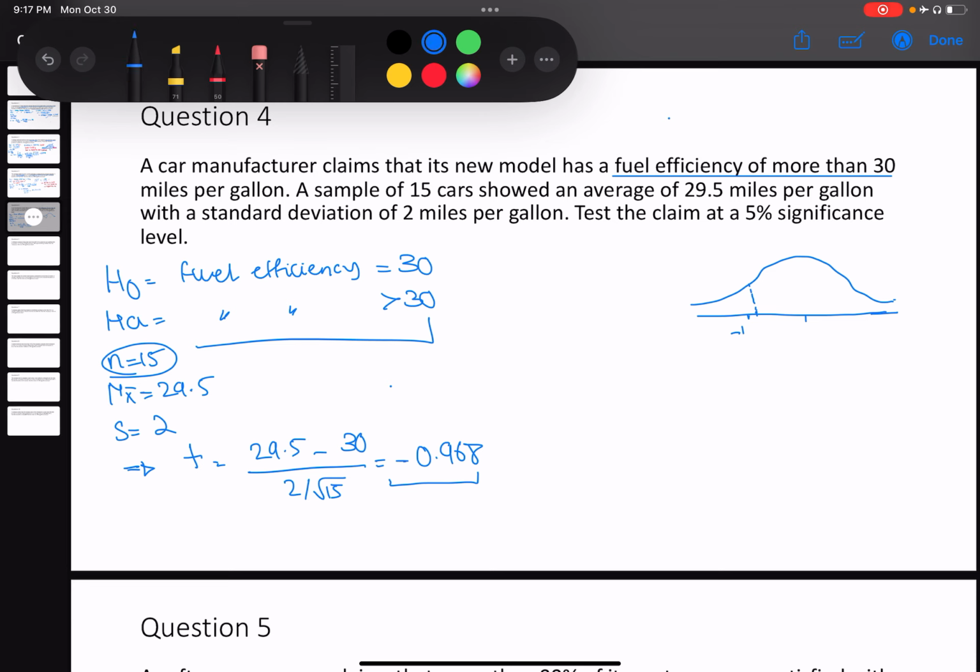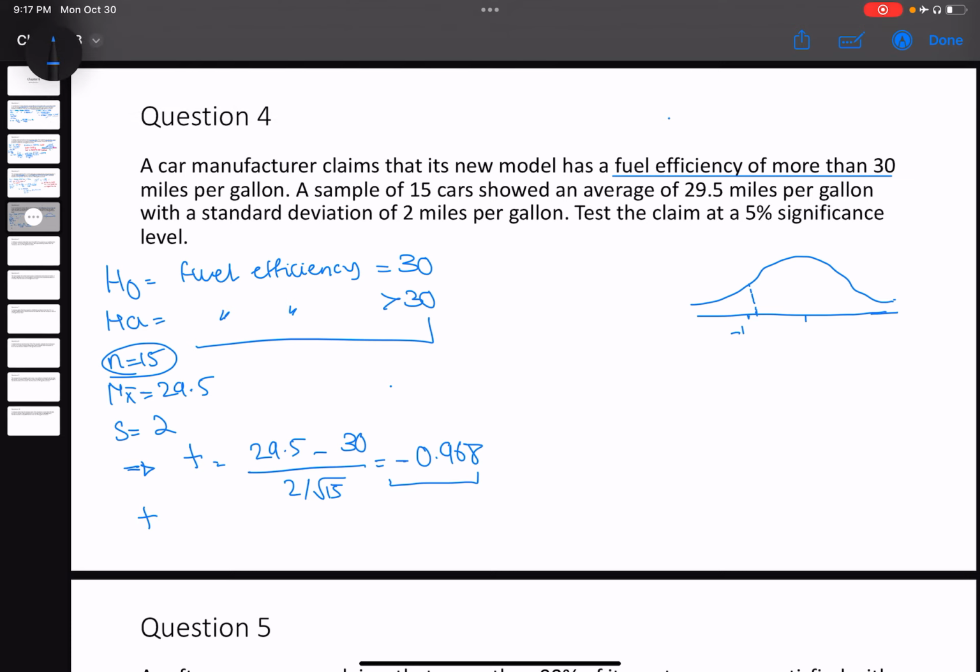We just get the t-critical for significance level of 5%, and df equals 15 minus 1 equals 14.